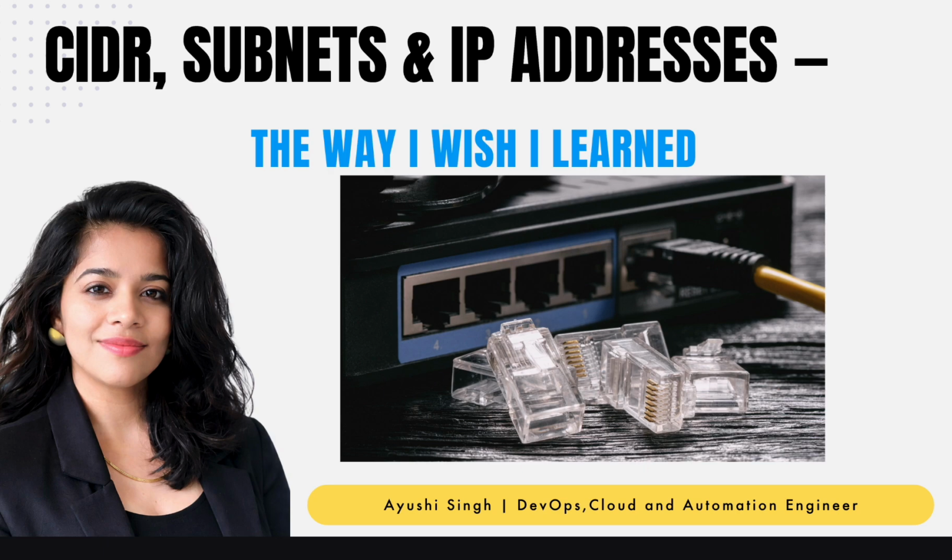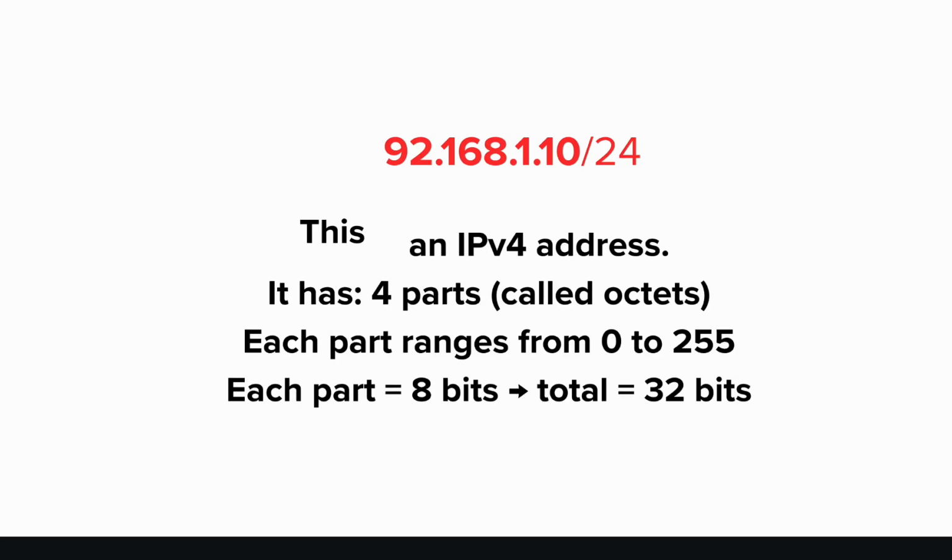All right. So this is the ideal IP address we all see, right? 192.168.1.10 oblique or /24. Now, what is this? Now you have to understand that this is an IPv4 address. There are two ways of naming or giving names to the IP addresses.